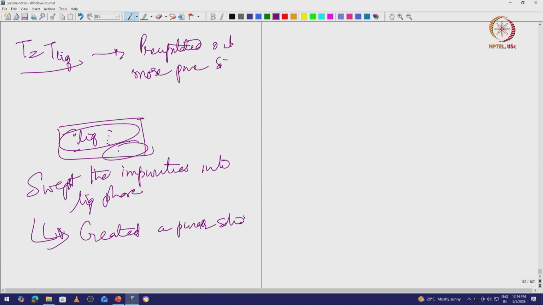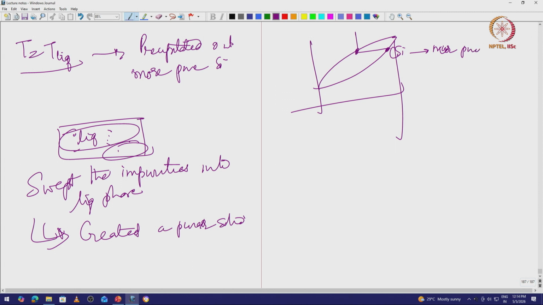But then, like an idiot, I cooled it down even further, because I have to cool it down, and by cooling it down, more impurities started going into silicon from the liquid.